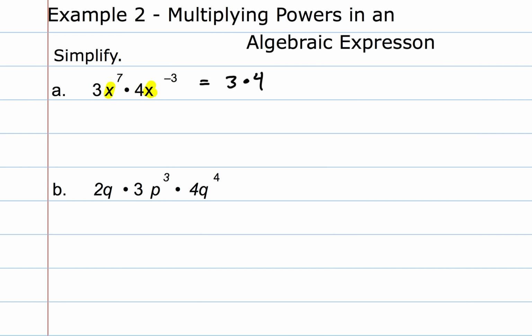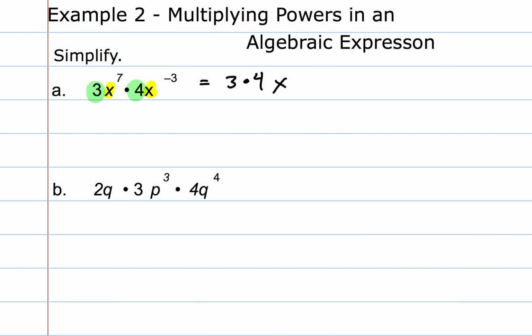Let me highlight those. The coefficients are highlighted in green. That's what I'm multiplying right here, 3 times 4. And we have a like base of x. We have the base of x twice, and we need to add those exponents as we did in the previous example.